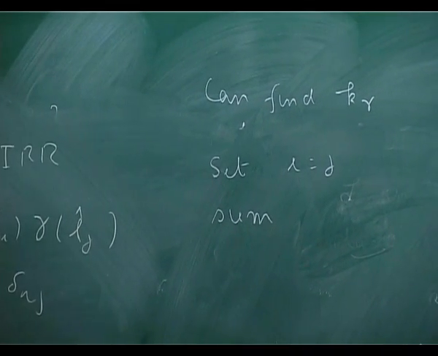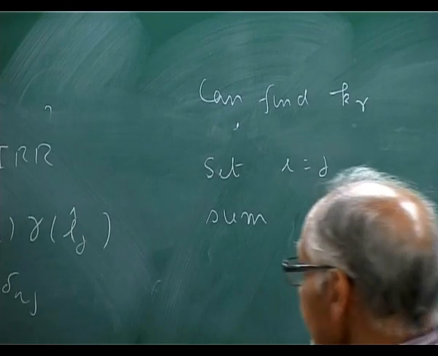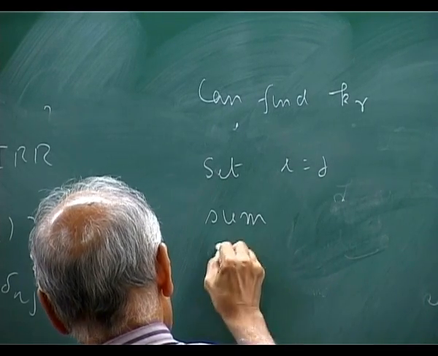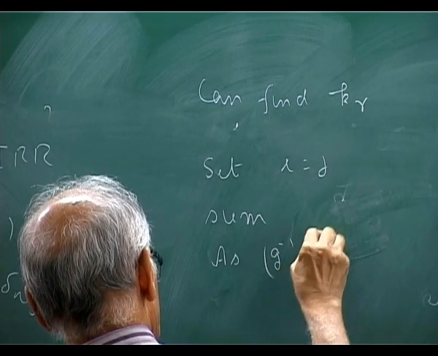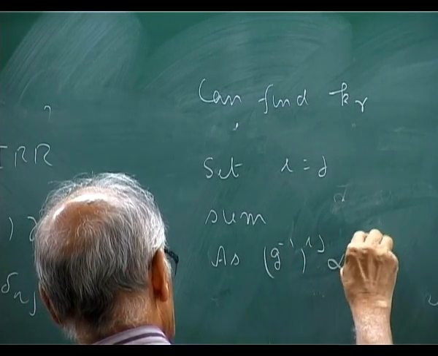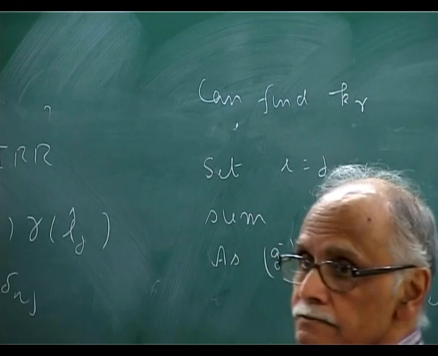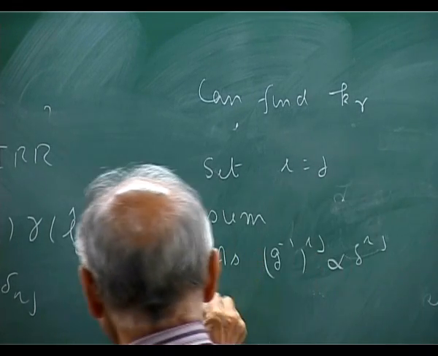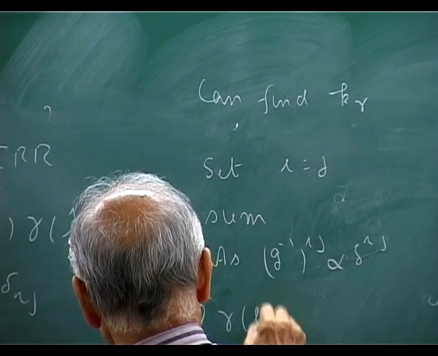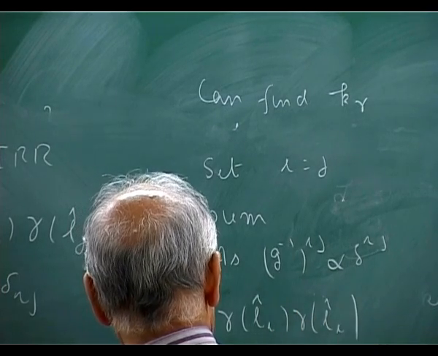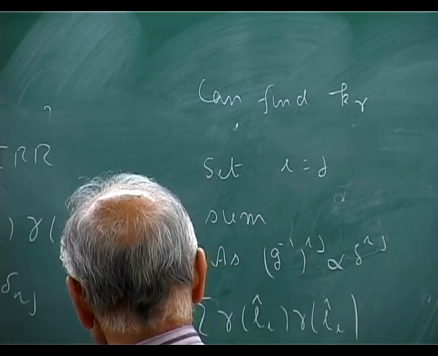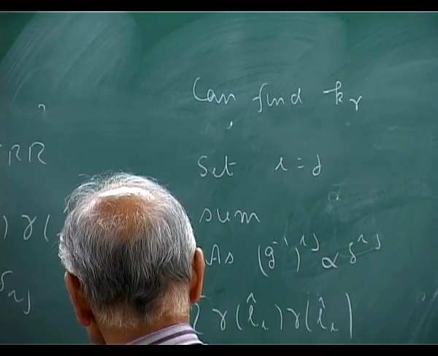Then as g inverse ij is proportional to delta ij, this object here, gamma L hat i, is the quadratic Casimir up to normalization.